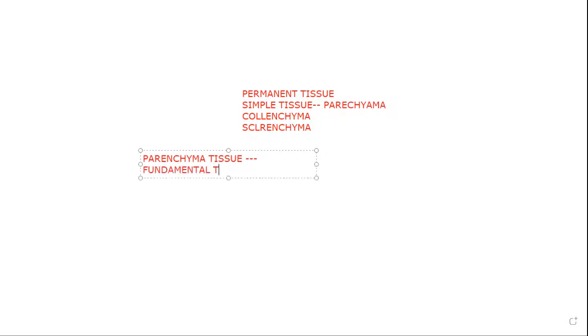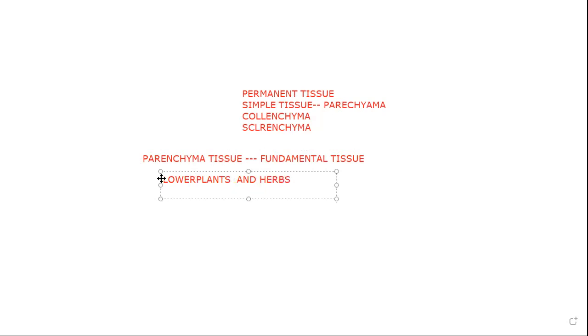The plant parts of lower groups are mainly filled with Parenchyma tissue. In woody plants, soft parts like leaves, immature stem and roots consist of Parenchyma.